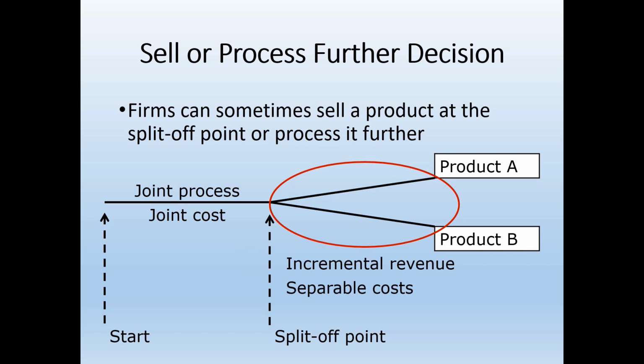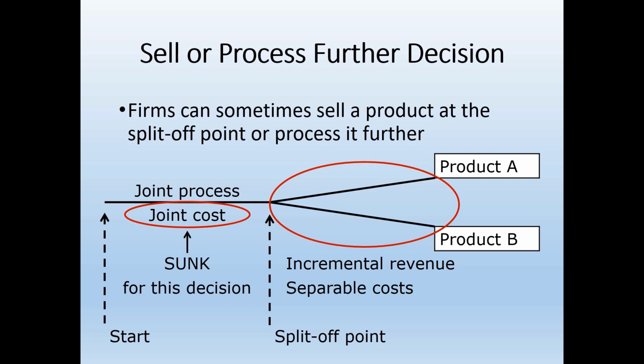But they're also going to incur separable costs, that is, the specific costs to turn apples into apple pies or turn them into applesauce.